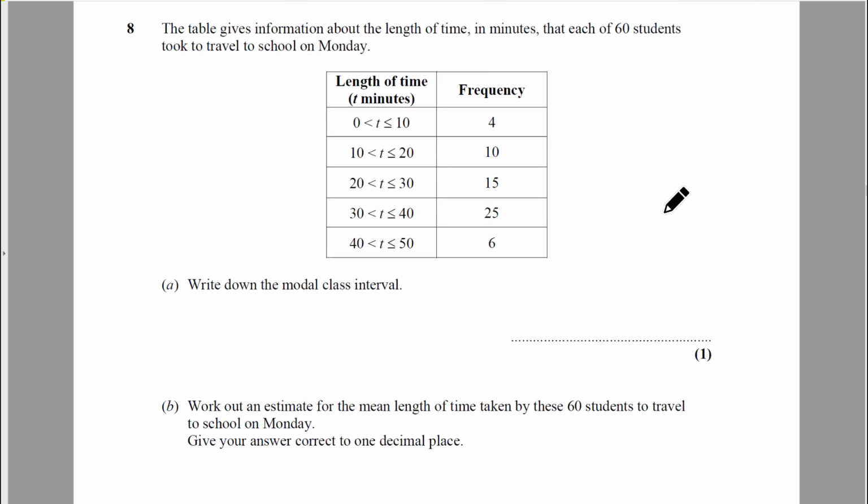Question 8 now. The modal class interval. Well, I told you there's 60 students. So what's 60 divided by 2? The median number is the 30th student.